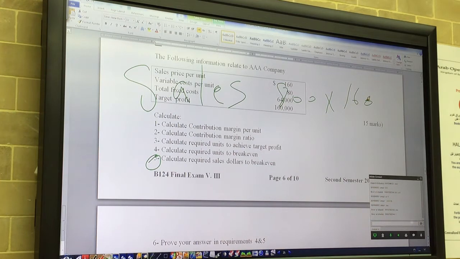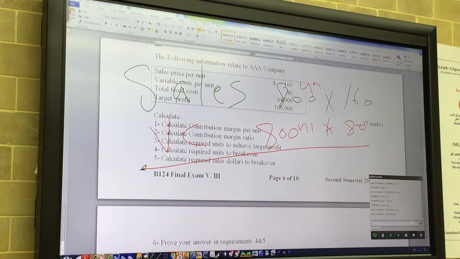Minus the variable cost: 800 units multiplied by the variable cost per unit, 80.